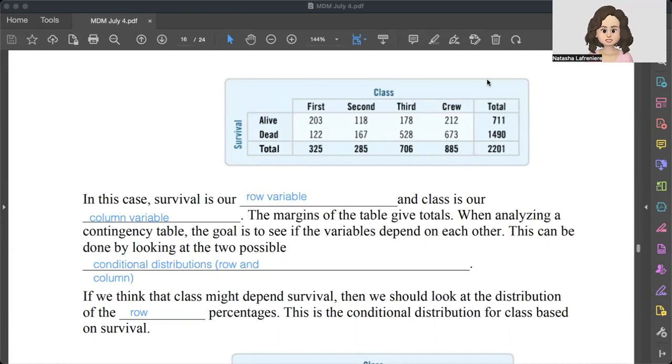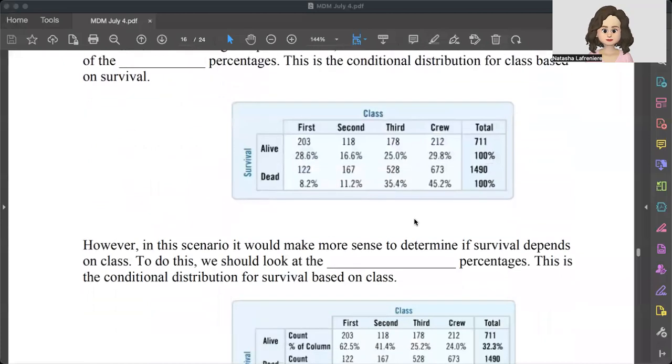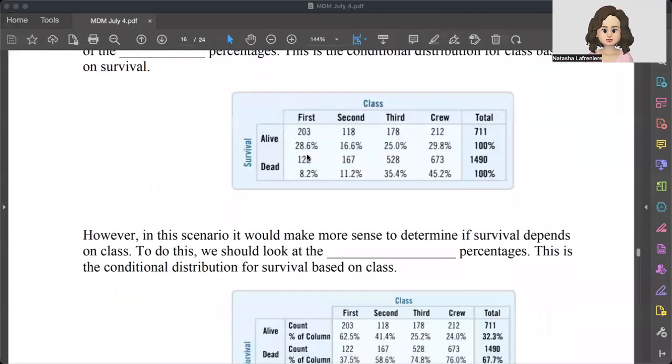So I'm going to clear this. Okay, our second table looks at the percentages. This scenario makes more sense if survival depends on class, so we should look at the column percentages.